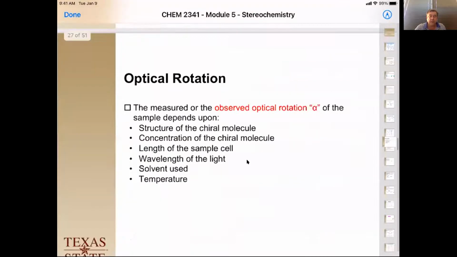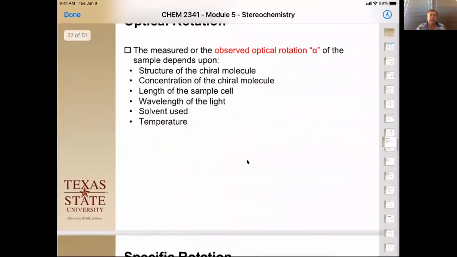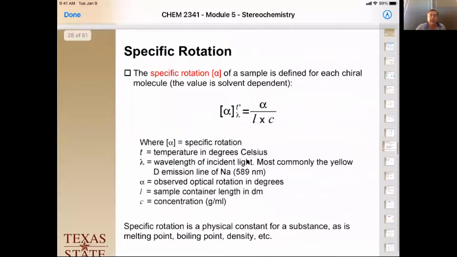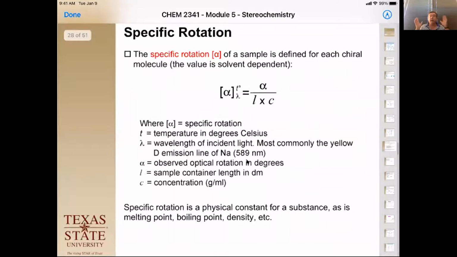Okay. So whenever we do this, we actually have to know a bunch of things. We need to know the structure of the molecule, the concentration, the length, the wavelength of light. Sometimes the solvent, and even the temperature. The temperature can affect the amount of interaction it has with that system. And so we have to be very specific about how we record these things.